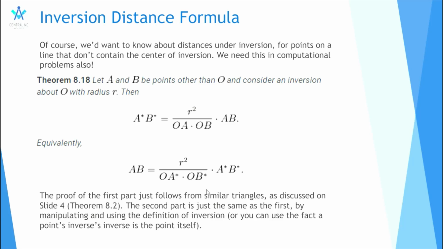So the first part just follows from similar triangles, right? Let's draw that here. O, A, B, and then A prime, and B prime.